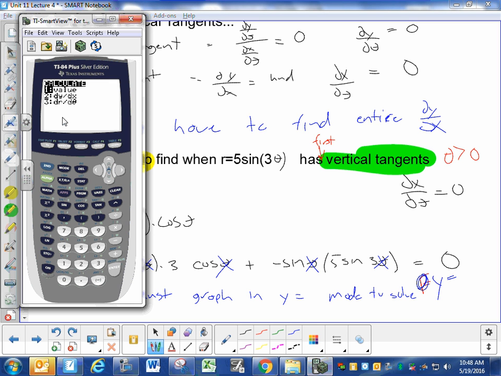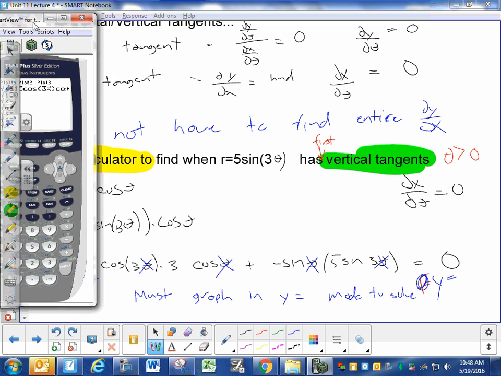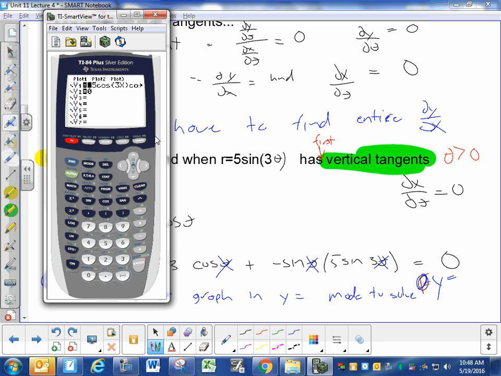You might want to shrink your window to be from 0 to 2. The first one when θ is greater than 0, so I don't have to look at any of the negative values. Here's the graph of that between 0 and 2.